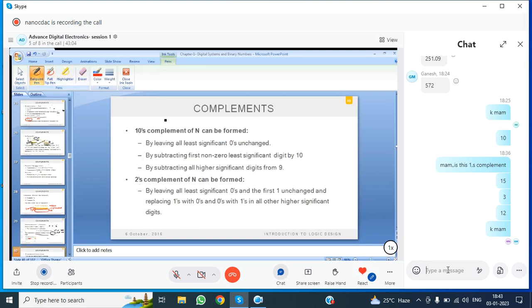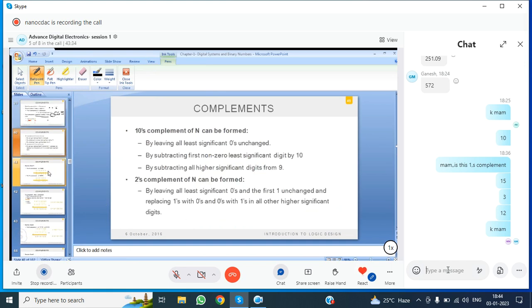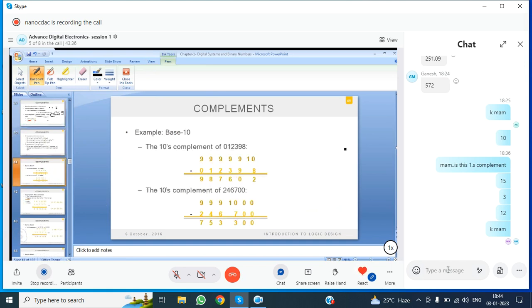So here, for the tens complement, you should leave all the least significant zeros unchanged, subtracting the first non-zero least significant digit from 10. All these things are understood only by seeing an example; this theory part we can follow with rules.